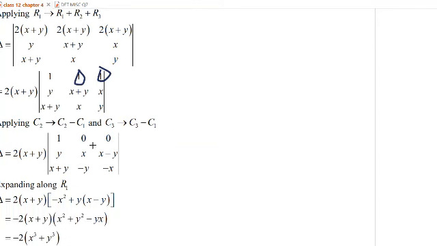So here we'll get 1 minus 1 0, x plus y minus y is x, minus y, x minus y, x minus y again, y minus x minus y is minus x, and then expanding along this one, minus x square, and then minus plus y into x minus y, and then simply solve it.